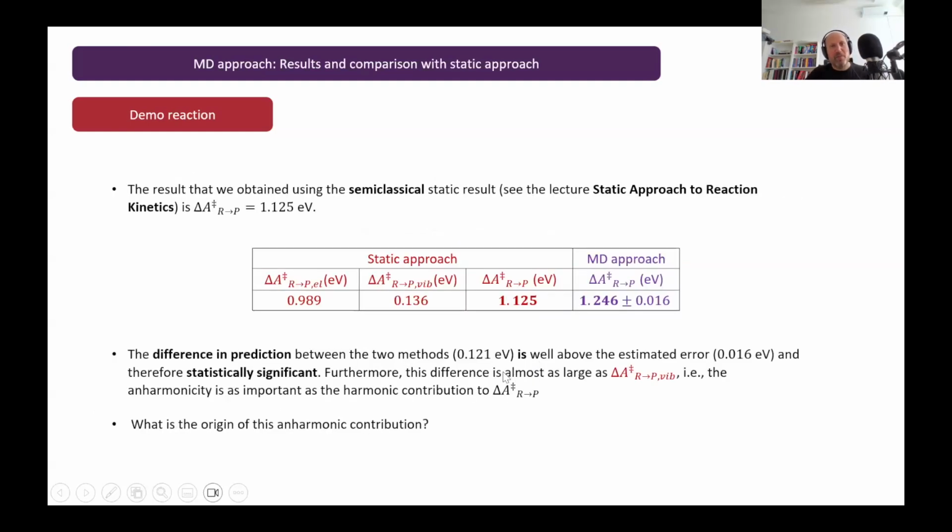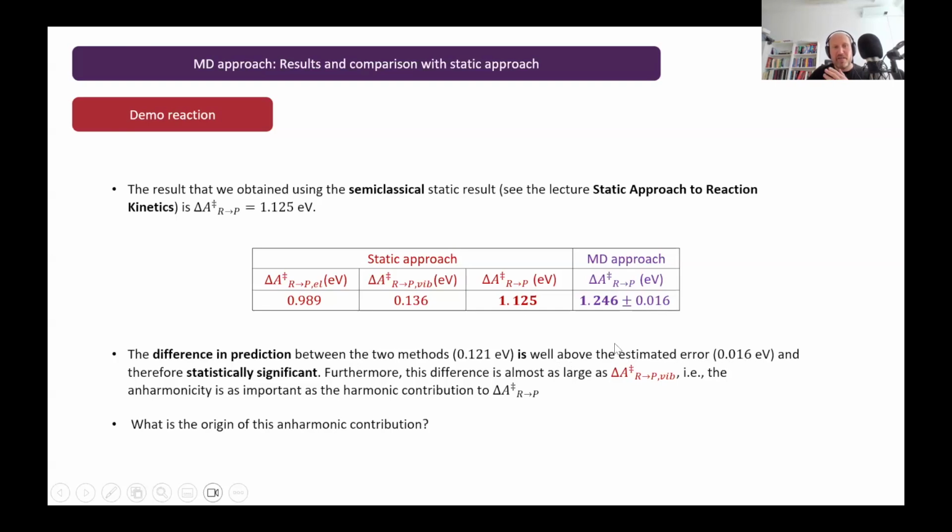And finally, let me make comparison of this result with our static approach result. So here I make the comparison with the semi-classical variant of static approach. So we see that the difference between the two methods is 0.12 eV, which is first of all well above the estimated error. It's 0.016, so it's order of magnitude larger than that.